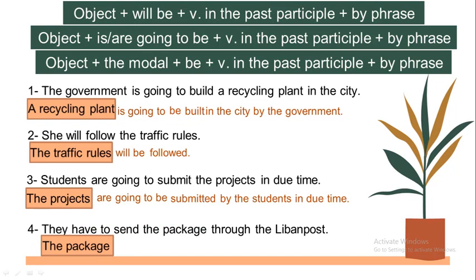Here we have a modal phrase which is have to, but can we use have to with a singular receiver, which is the package? Excellent, of course not. So what we have to do is to change the have to into has to be. So the package has to be plus the verb in the past participle, which is sent through the Lebanon post.